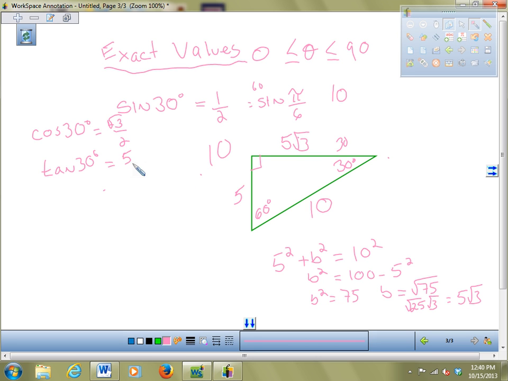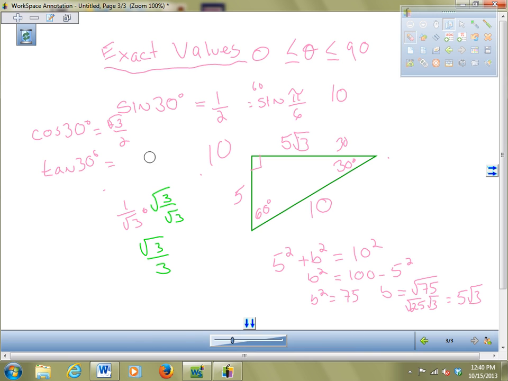It's 5 over 5 root of 3, which is 1 over root of 3, which if I rationalize that, by multiplying by root of 3 over root of 3, I get root of 3 over 3. I would say, just memorize these ones. Tangent 30 is root of 3 over 3.